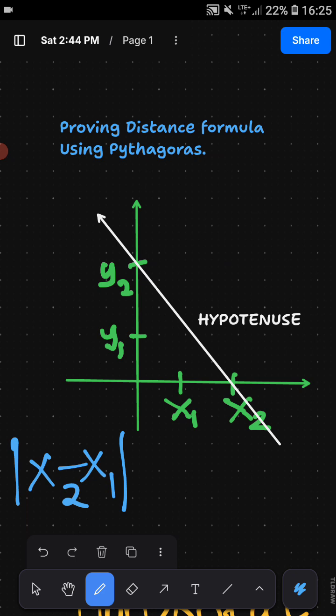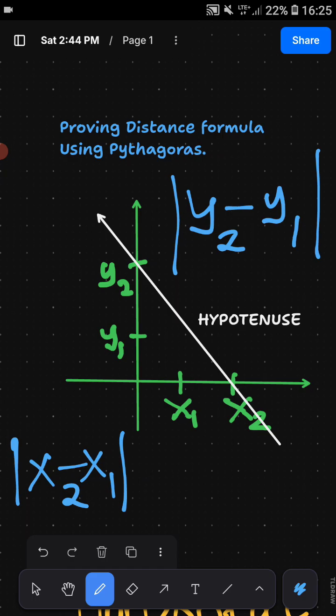And the magnitude of the vertical side gives us y2 minus y1. Is that okay? And so, now, what does the Pythagoras Theorem say?